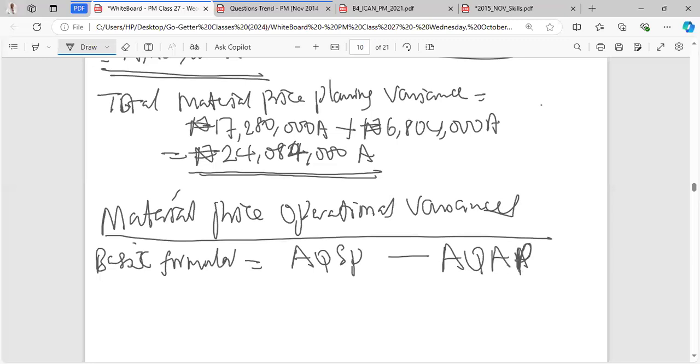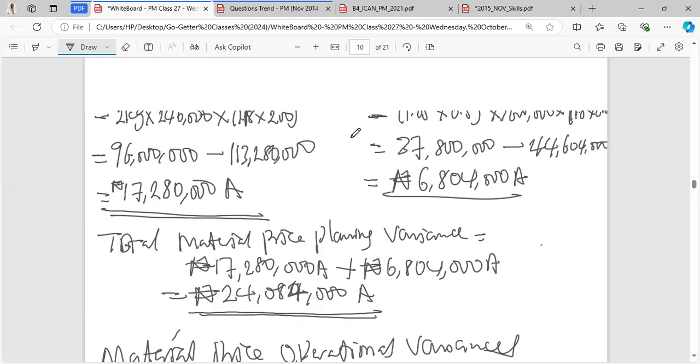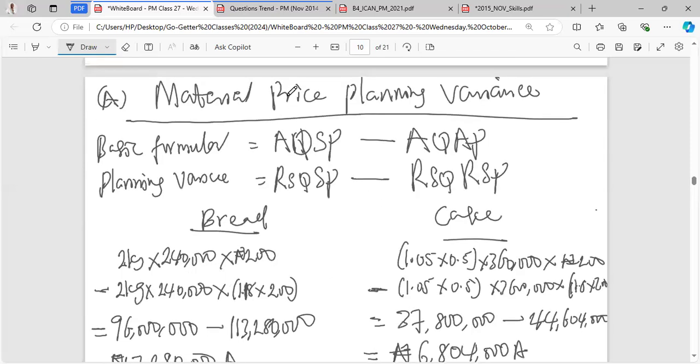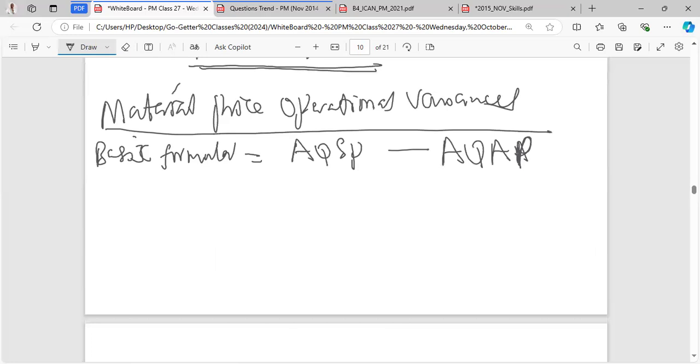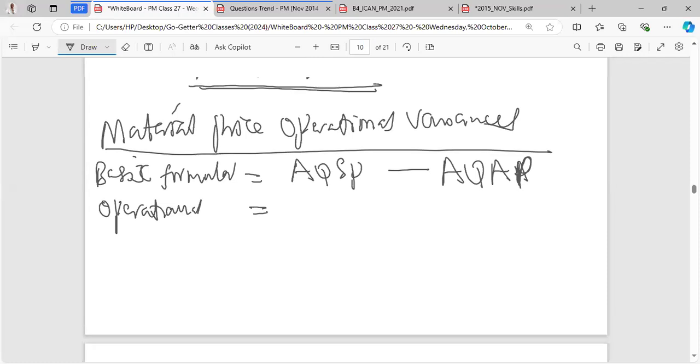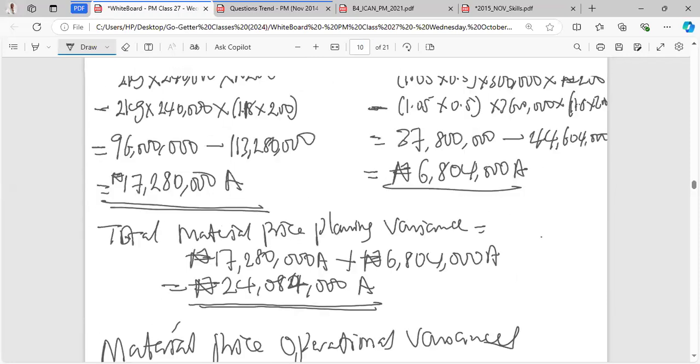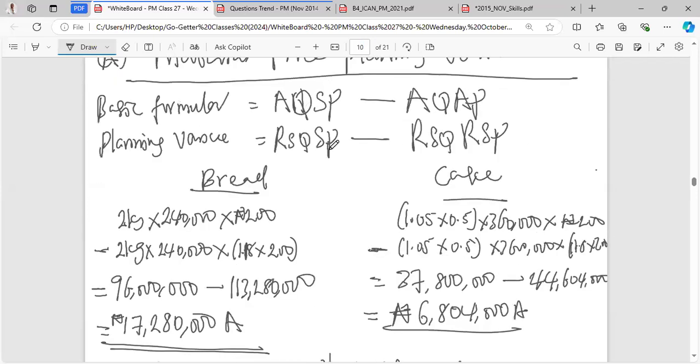This is the same thing that we did. This is price variance. That is what we want to now subdivide into operation and planning. So you will now say operational variance. Because it is operational, operational is between revised standard and actuals. In the case of planning, it was between standard and revised standard.